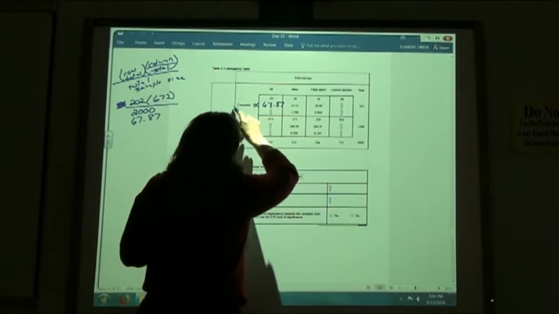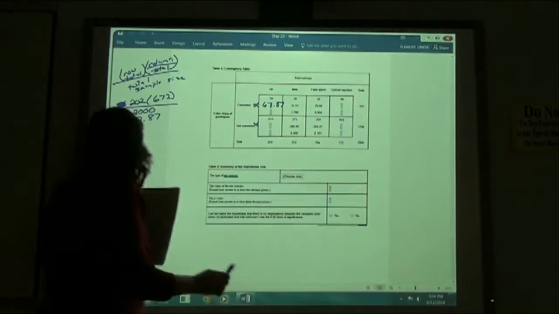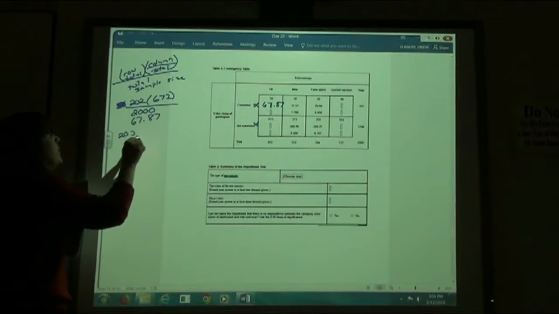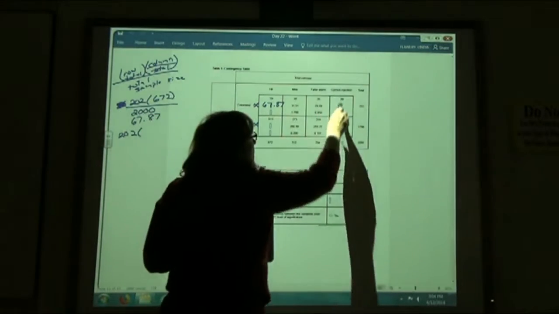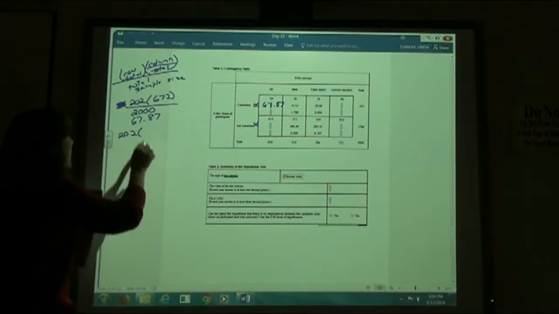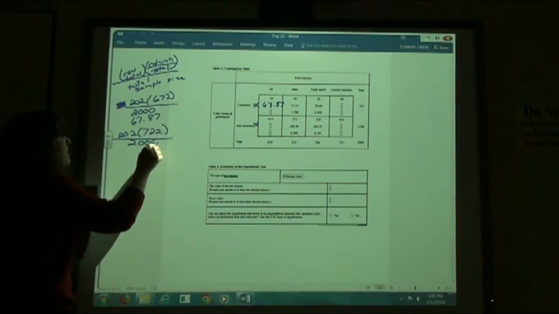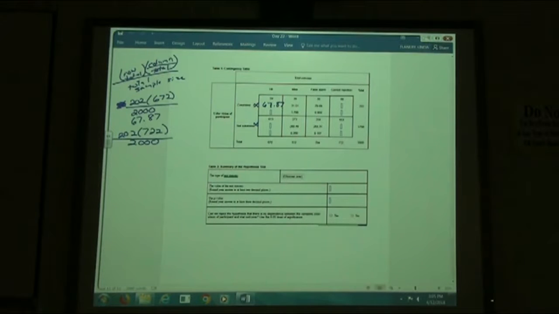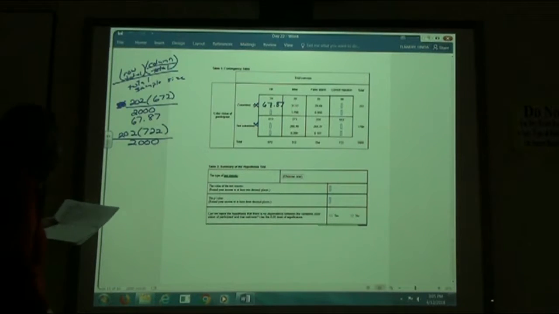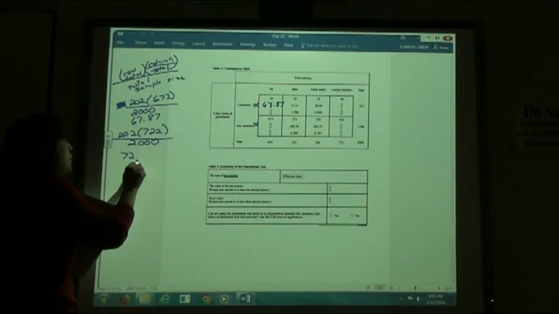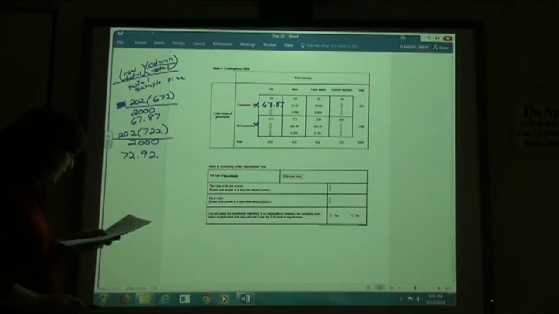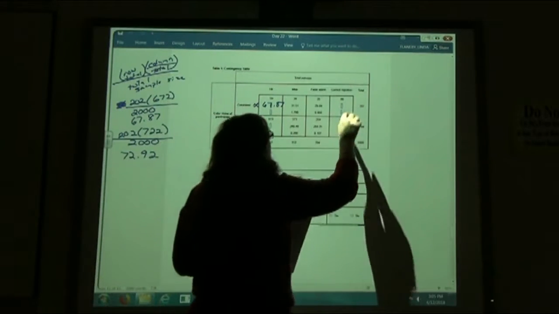Row total is 202, column total is 722, divided by our 2,000. Rounding that off to 2 decimal places, 72.92.